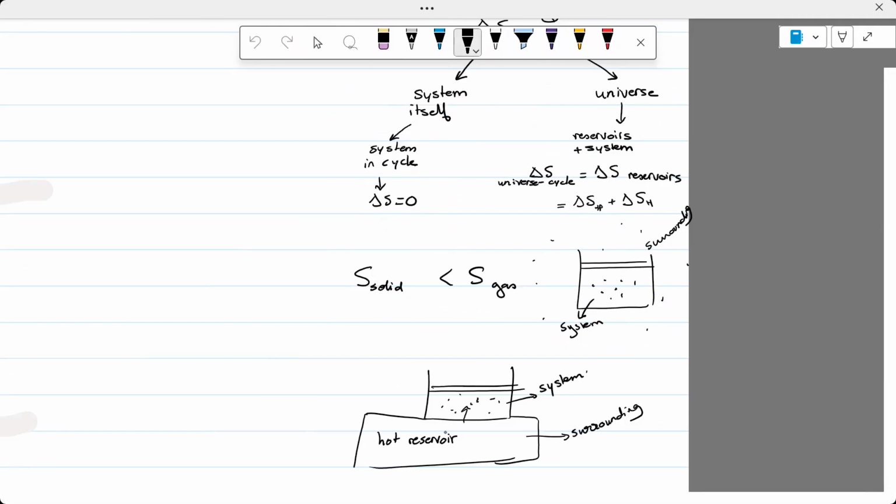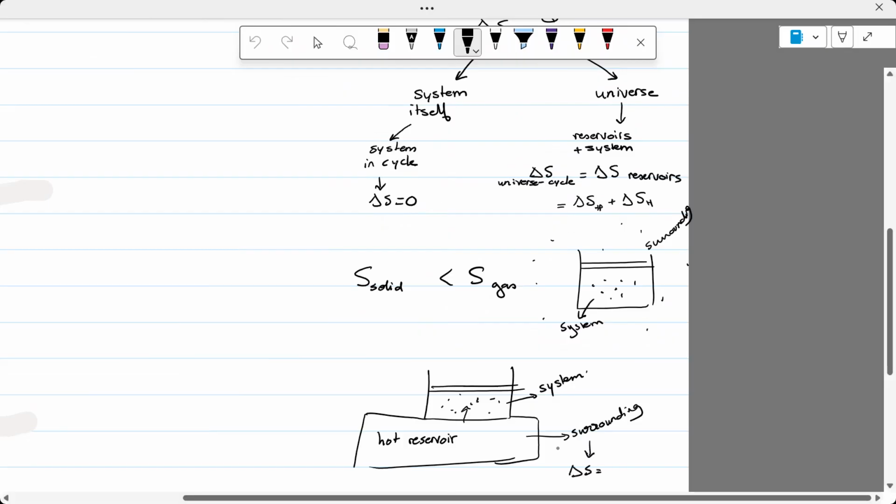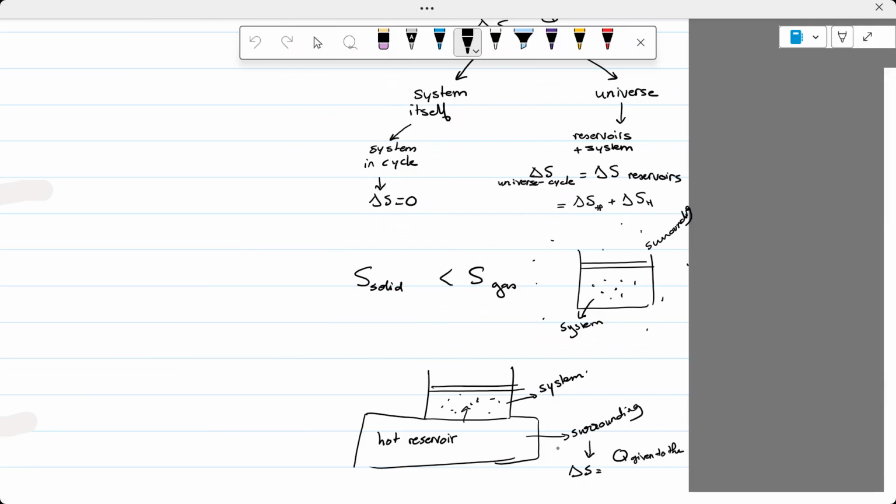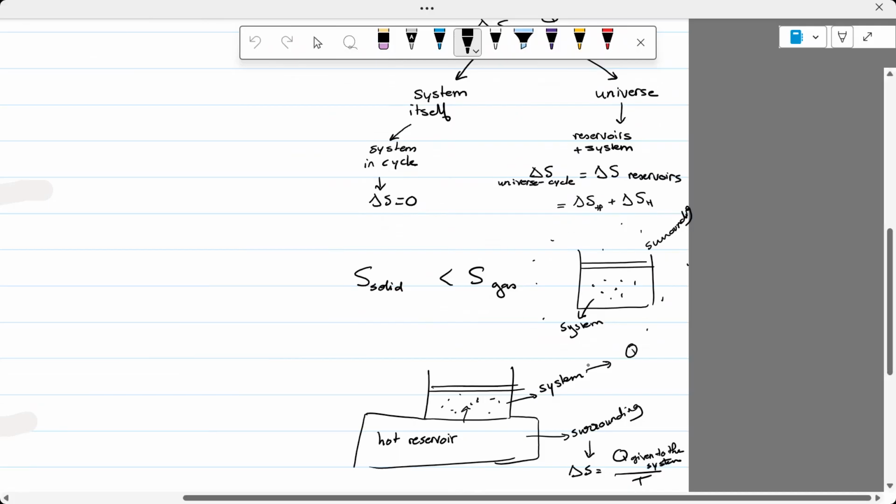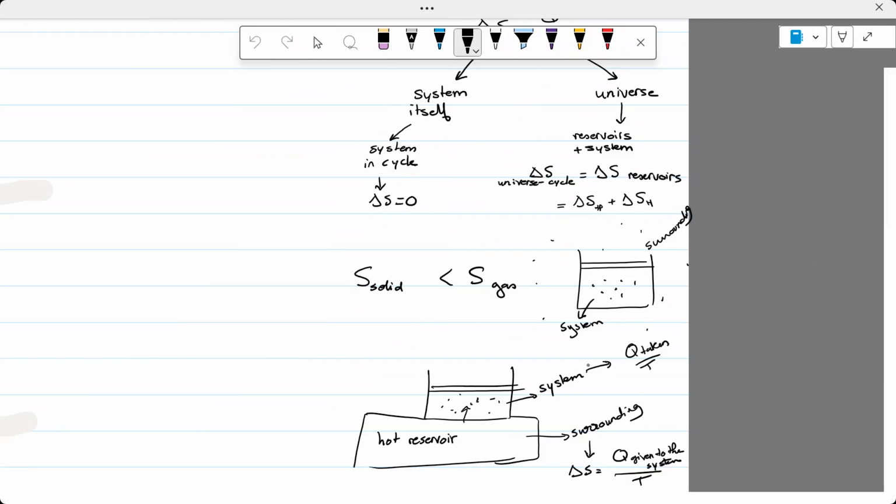So you might be asked to find the change in entropy in the surrounding, and then you would check how much heat the hot reservoir has given to the system, and its delta S will be whatever heat it gave divided by the temperature. You would substitute this as a negative value because it's a lost energy for the hot reservoir. But if you're checking the system itself, it will be receiving some heat, so its entropy is going to be positive, whereas this one is going to be negative.